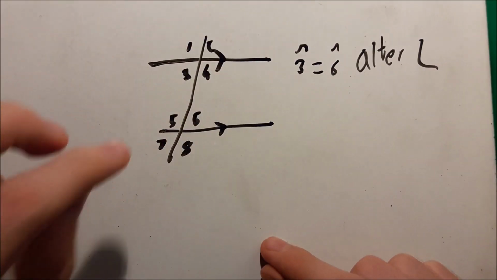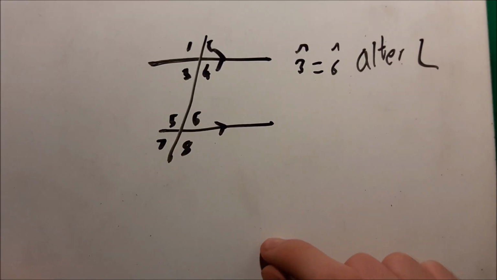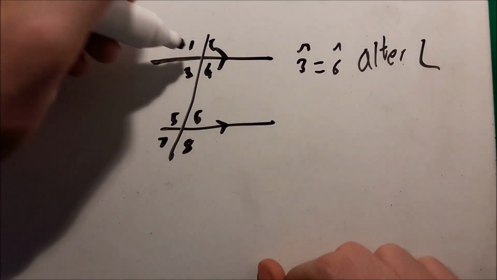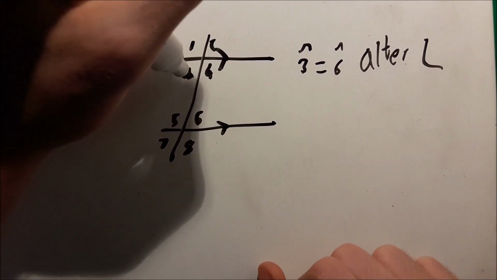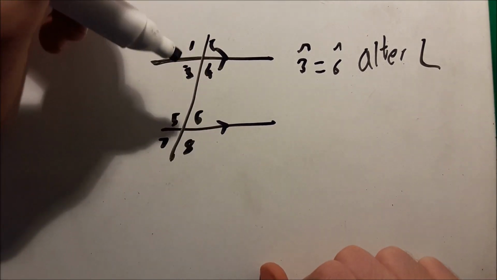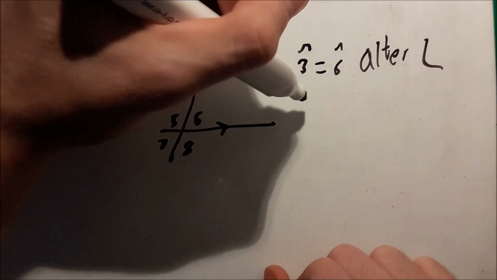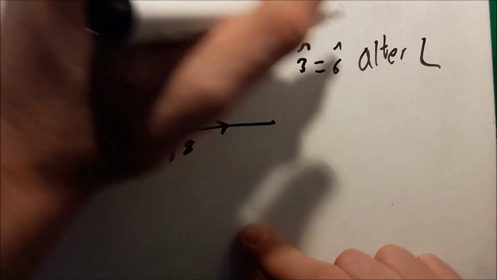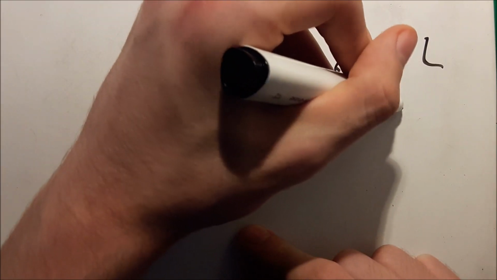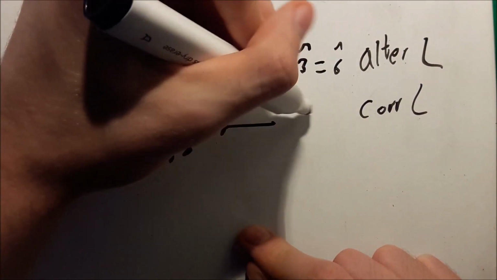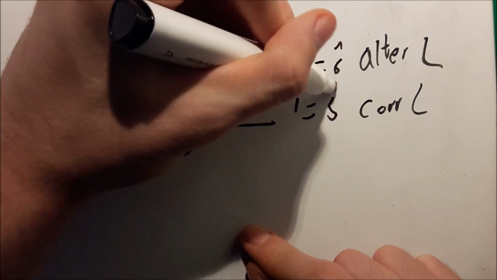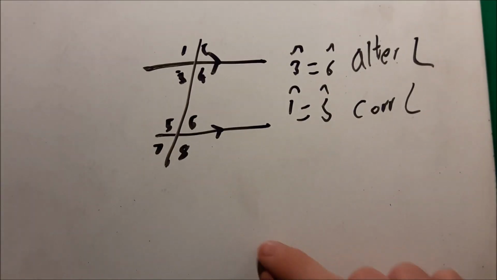But now we can also get another thing from this, and we can see that angle 1 is equal to angle 5, or angle 3 is equal to angle 7. The reason is that they are corresponding angles. So 1 is equal to 5.